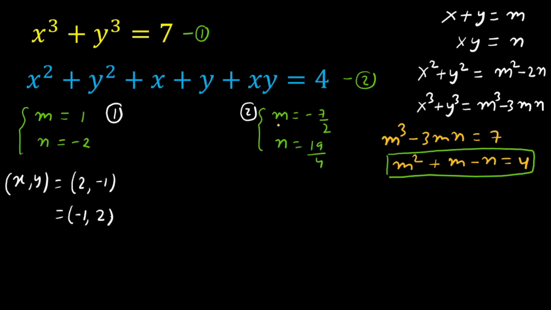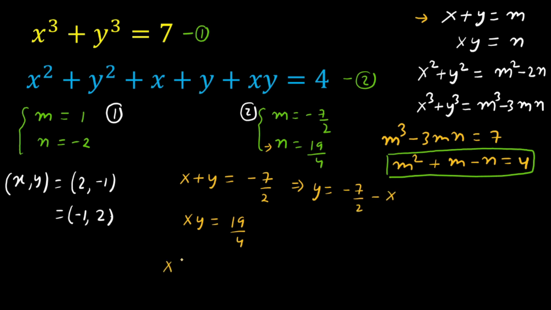Now solve case second. Here m is equal to minus 7 over 2 and we know that m is x plus y, then x plus y is equal to minus 7 over 2, and n is replaced by x into y, then x into y is equal to 19 over 4. This implies y is equal to minus 7 over 2 minus x.